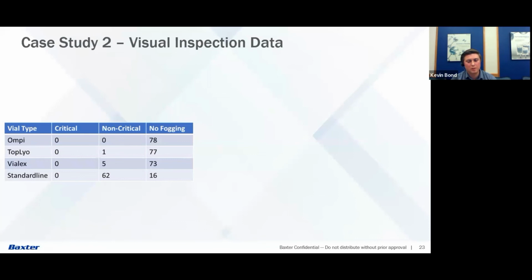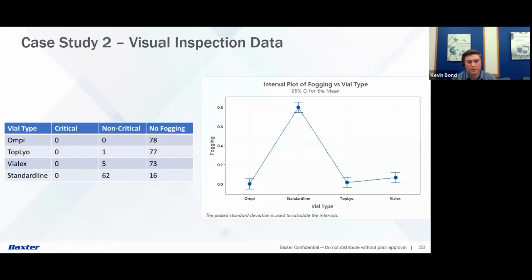To determine if the difference in the fogging between the standard line and the other 3 vials was significant, we performed a one-way ANOVA analysis, and the resulting interval plot looked something like this, where the analysis exhibited a significant difference between the standard line vial and the other vials, but no significant difference between the fogging behavior of the OMPI, top lyo, and Vial-X vials.